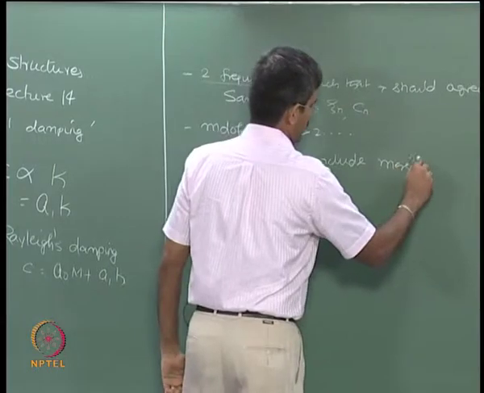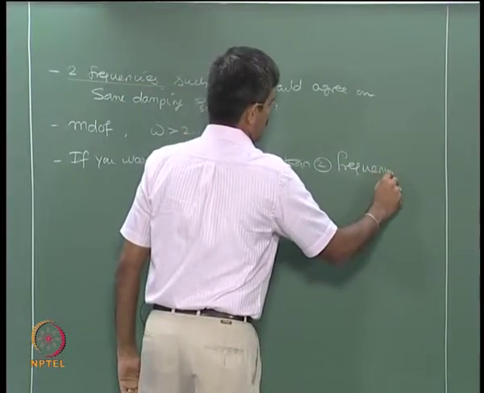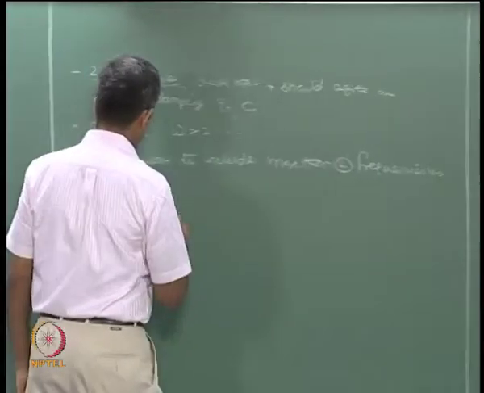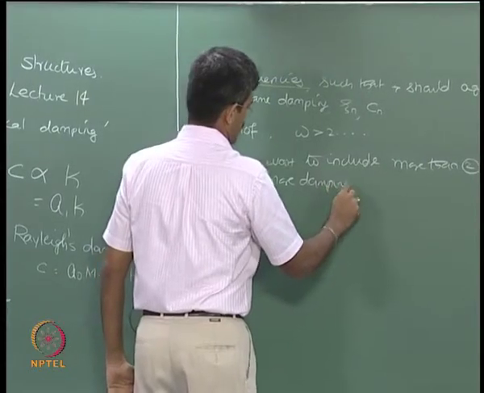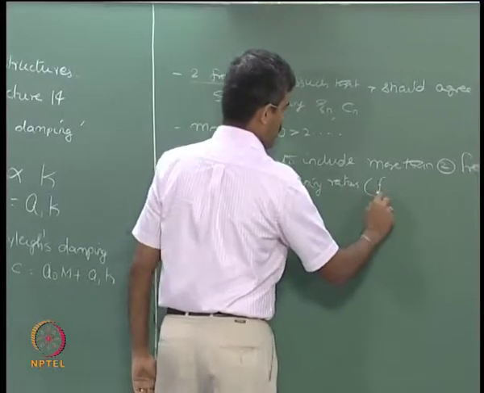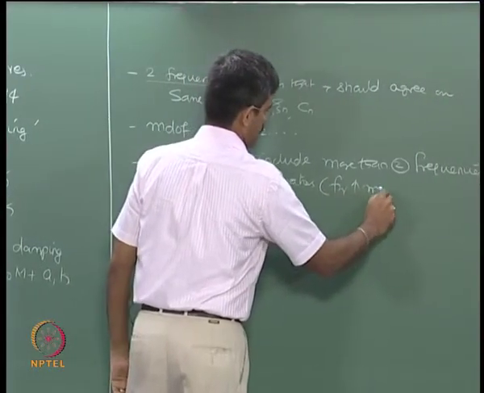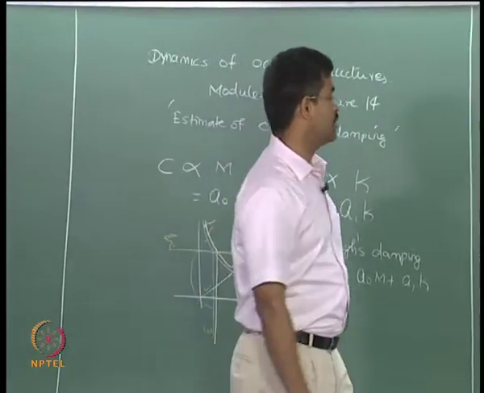So, if you want to include more than two frequencies or more damping ratios, in fact for higher modes, then you should look for a more classical damping which is given by Caughey.